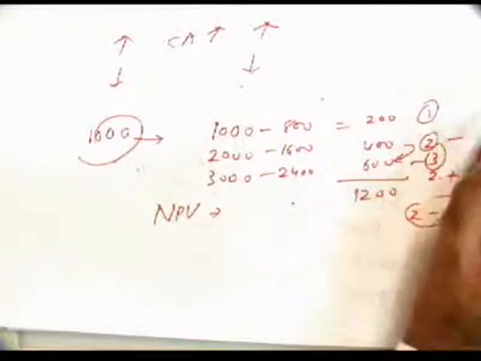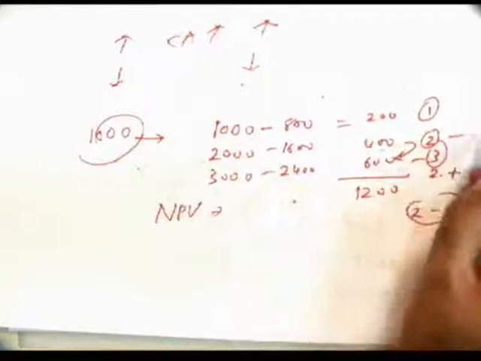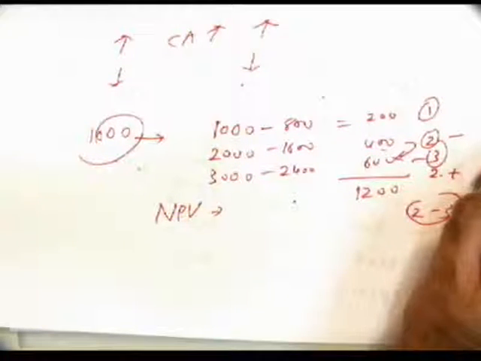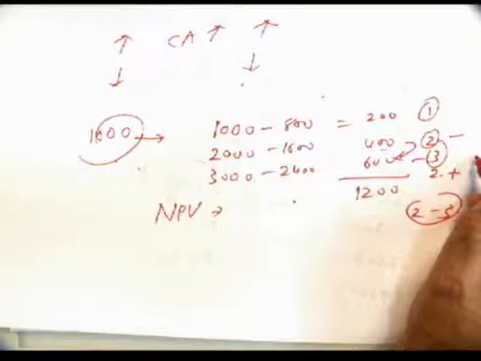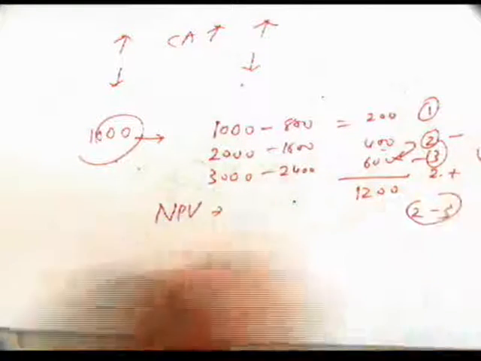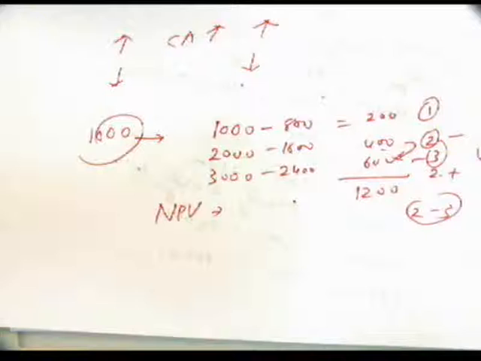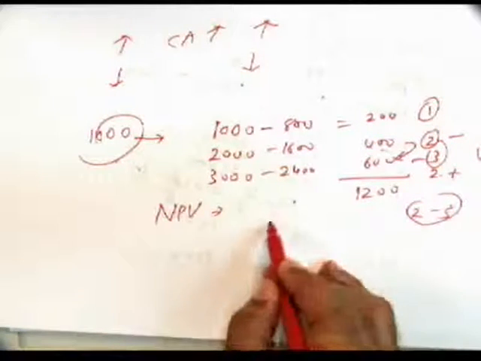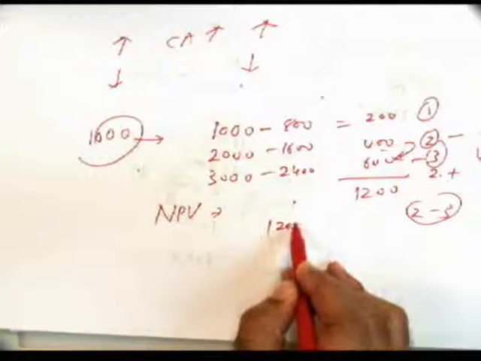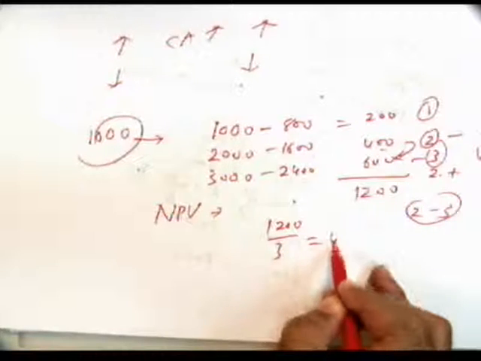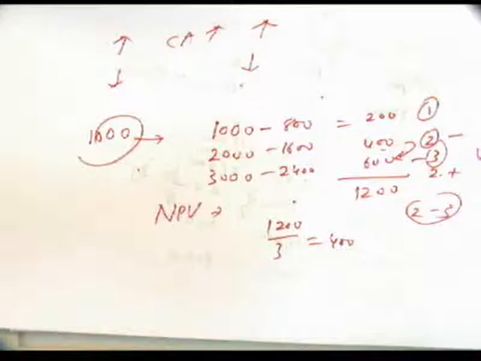So you take 200 rupees, but 400 will be multiplied by the interest factor, say it comes to 360 rupees, and the next year again it will be 480 rupees, because we have to multiply by the factors. Then profitability index, which in this case will be 400 rupees per year, or internal rate of return. It is very complicated to calculate.